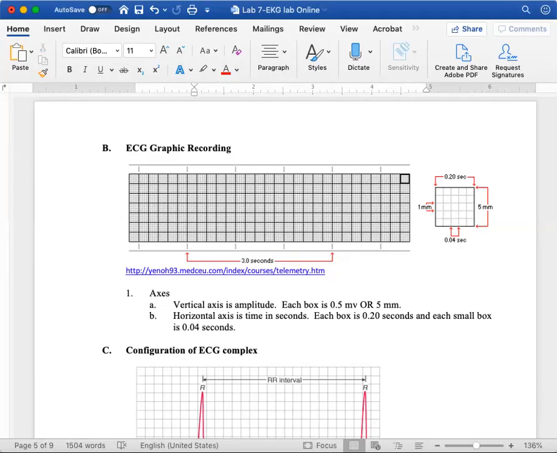So one box is 0.2 seconds in the horizontal axis or the x-axis, right? And each itty bitty box is how much? It's 0.04 seconds, okay? That's important because you're going to be measuring how long each of the waveforms take.